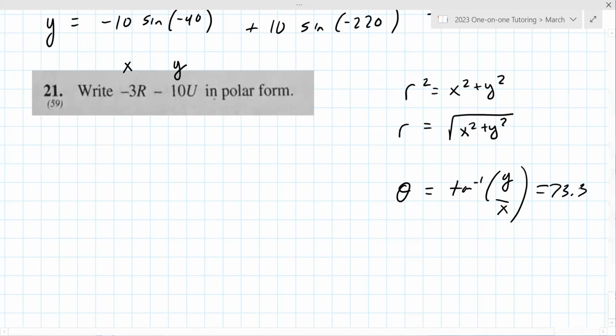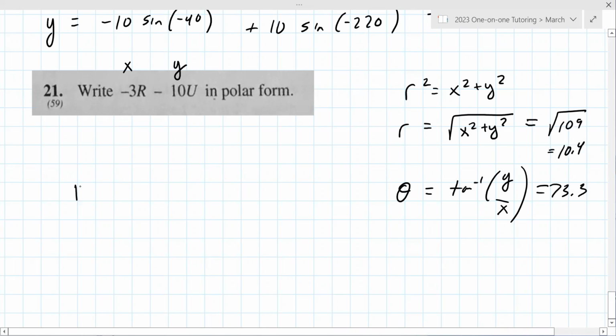Okay, so then I think what my teacher would have us do is square both the X and Y, and then take the square root of that, and that is basically what we put next to the angle 73.3.